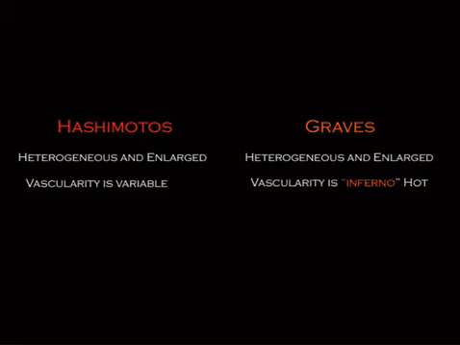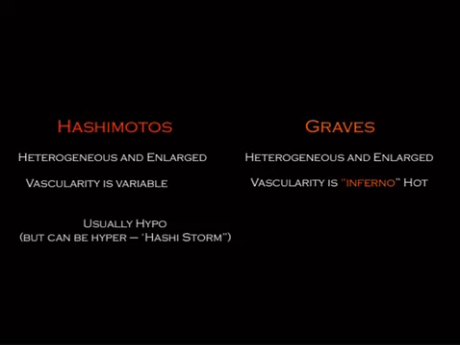Hashimoto's has three basic phases where it starts out hot, you're actually spilling thyroid hormone, and you'll be hyperthyroid. Then it will be at a medium level where you can be euthyroid, and then it will burn out and you'll be hypothyroid. For the purpose of multiple choice, you're going to be dealing with a hypothyroid patient with Hashimoto's, more than likely.